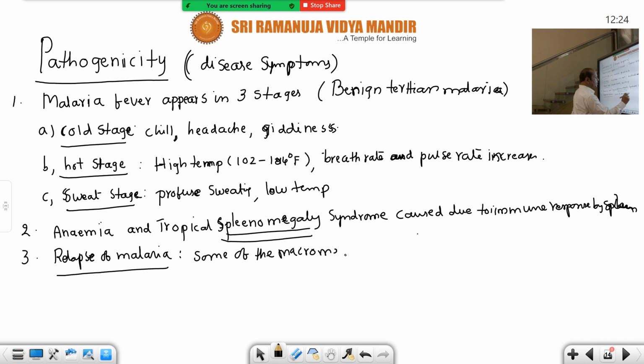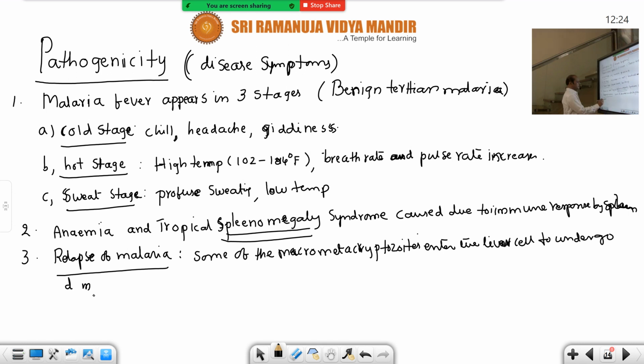How the relapsing fever occurs, let us see. Some of the macrometacryptozoites enter the liver cells to undergo rest, to undergo a dormant condition. Dormant means rest.